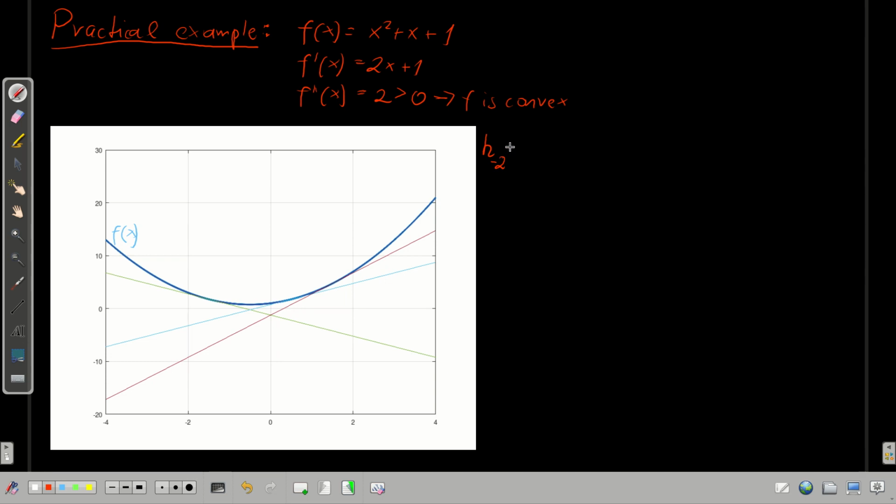So this reads now as follows. h subscript -2 of x is given by f of x naught, where x naught is a function of p, here evaluated at -2, plus f prime of x naught evaluated at -2 times x minus x naught evaluated at -2.